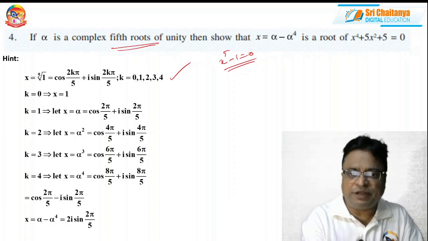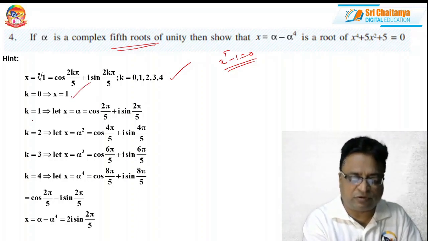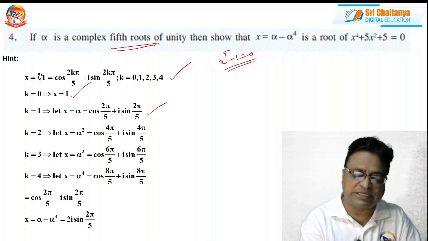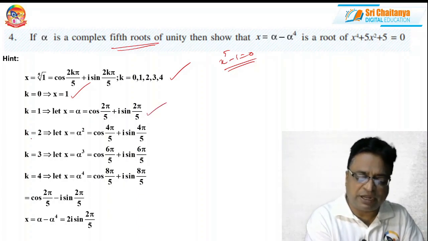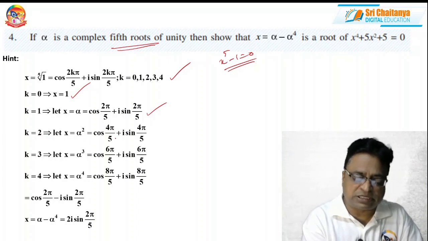If you verify all the values, for k equal to 0, x is equal to 1, there is no problem. For k equal to 1, x is equal to say alpha, so this is cos 2 pi by 5 plus i sin 2 pi by 5. For k equal to 2, x is equal to alpha square, that is cos 4 pi by 5 plus i sin 4 pi by 5. For k equal to 3, x is equal to alpha cube, cos 6 pi by 5 plus i sin 6 pi by 5.